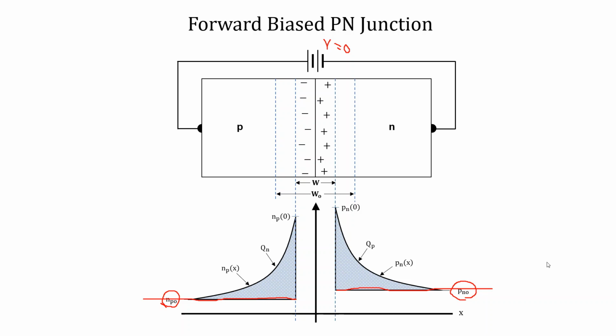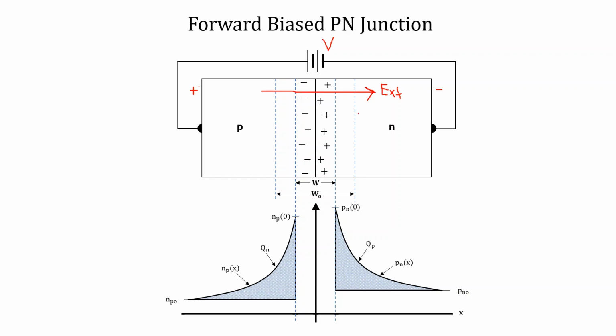When we forward bias this junction, we have some V, then an electric field will appear from P to N, because this side is at a more positive voltage with respect to this side. So an external electric field will set up from P side to N side. Now this electric field will favor the diffusion process, because holes were moving from P side to N side when the PN junction was formed.